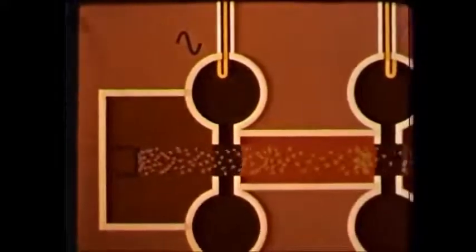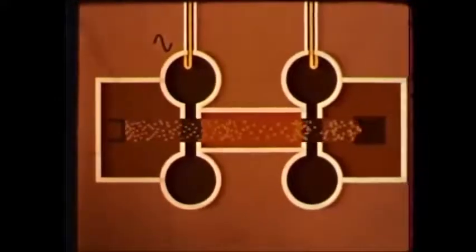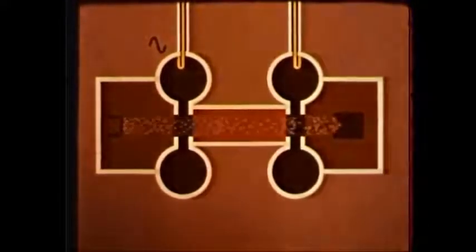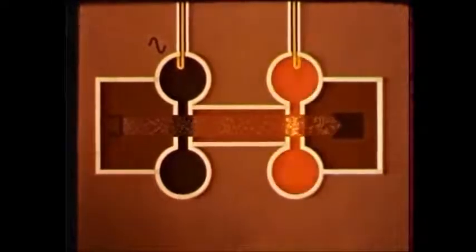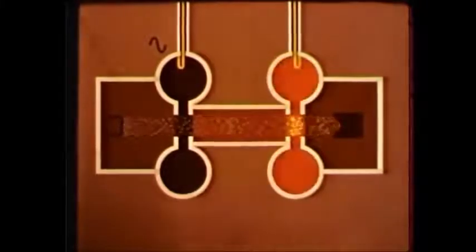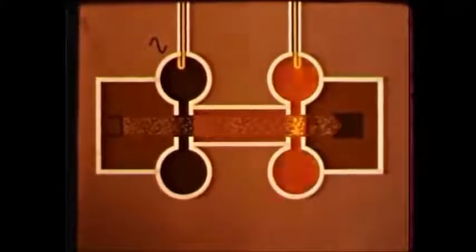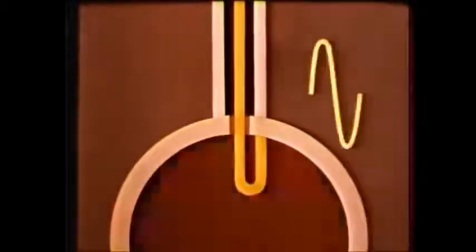On arriving at the second resonator, the electrons will induce there another electromagnetic field of the same frequency. This field is so strong that it is possible to extract a large signal from the second cavity.